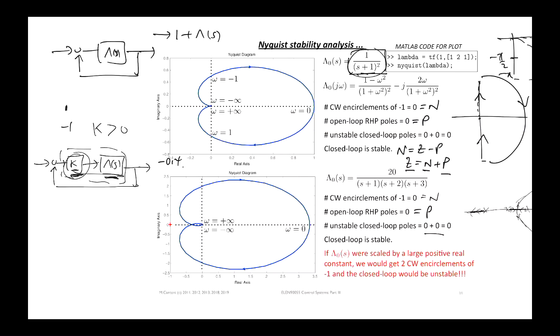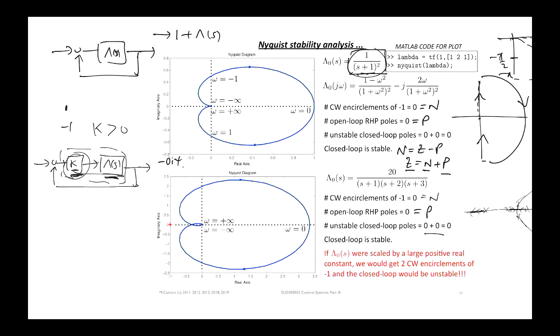For each frequency, we get a new point that has real and imaginary part. As we increase the frequency, we get different points, so each point along here corresponds to a different frequency.